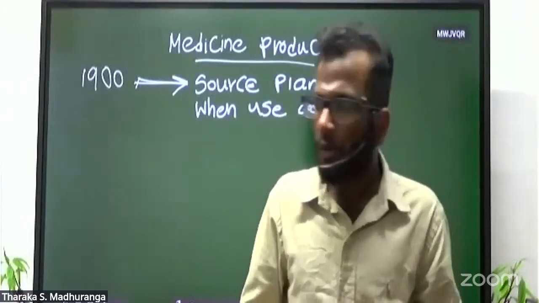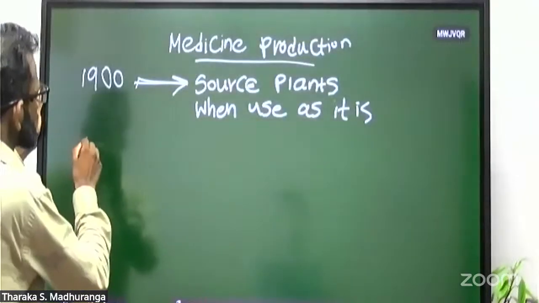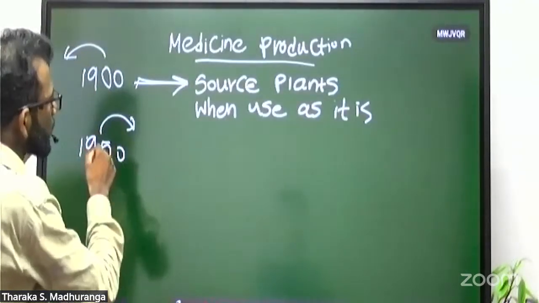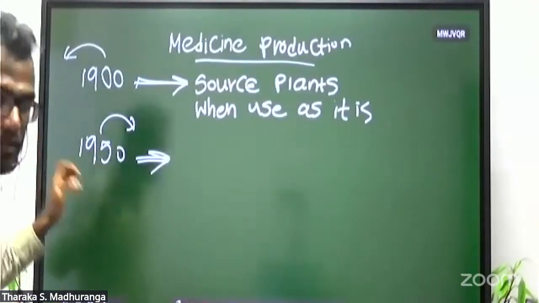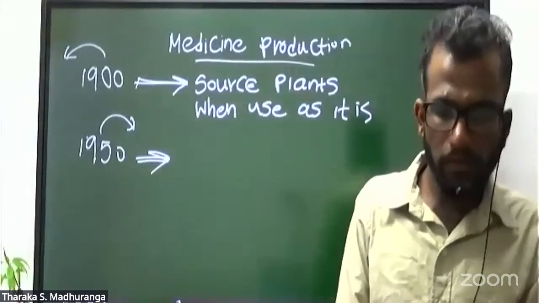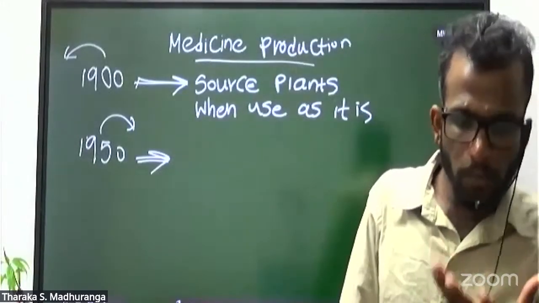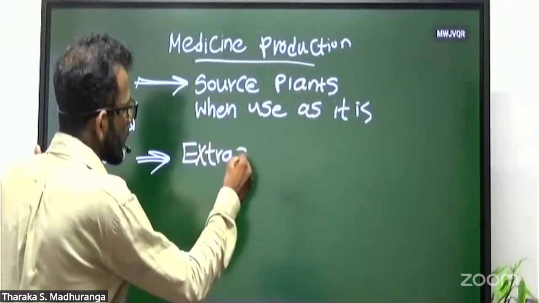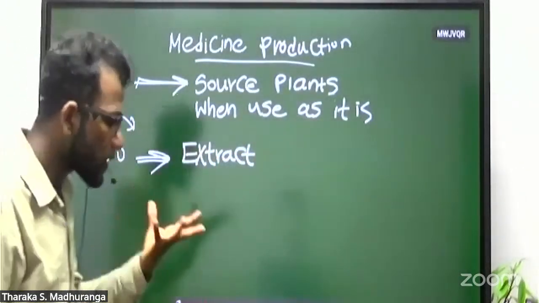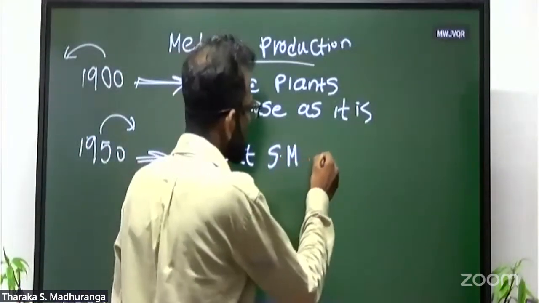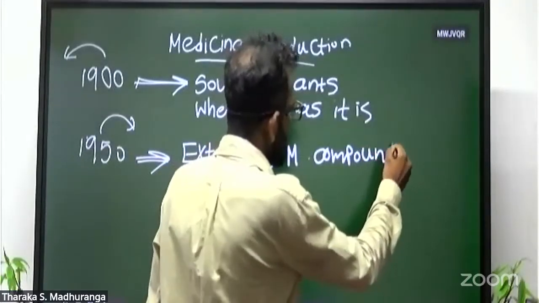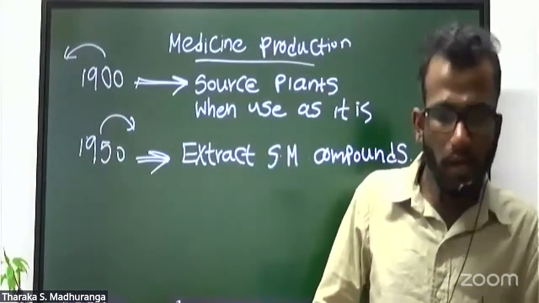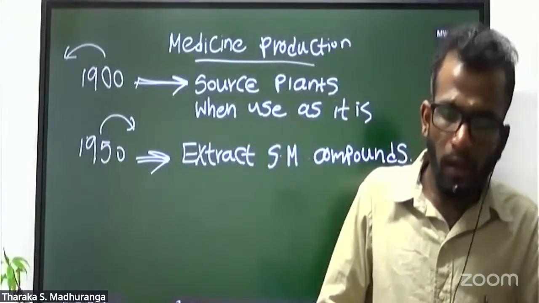Okay, when we consider about 1950, the solution for this problem, they tried to extract secondary metabolite compounds from the plant material and use them as medicines.